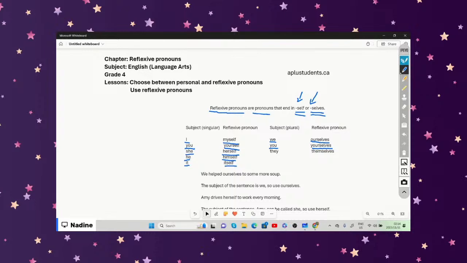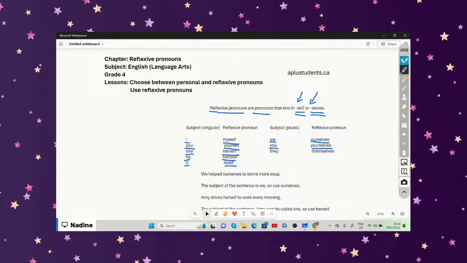So we have I, which refers to myself, you, which refers to yourself, she, which refers to herself, he, which refers to himself, and it, which refers to itself. And when we are making mention of a plural subject, more than one person, it is we, which refers to ourselves.